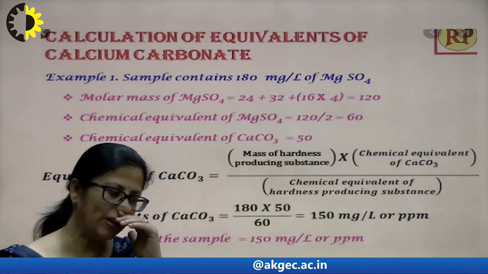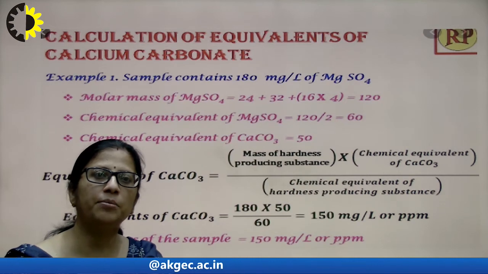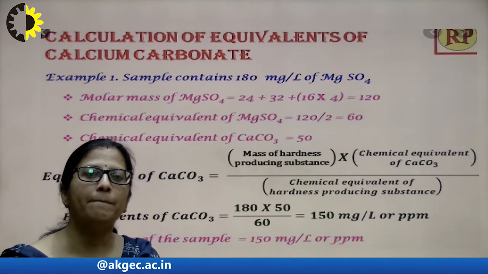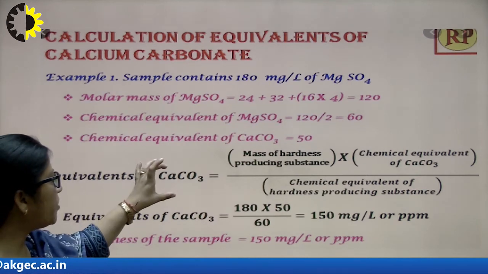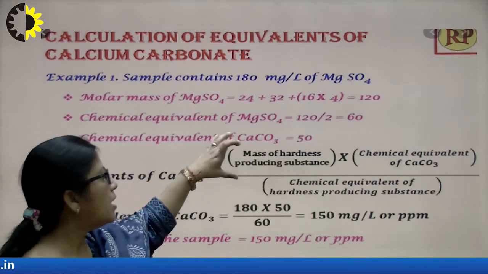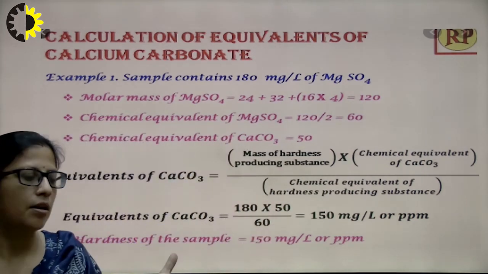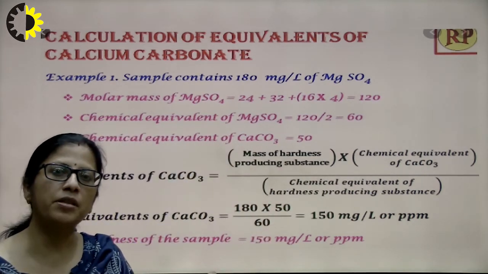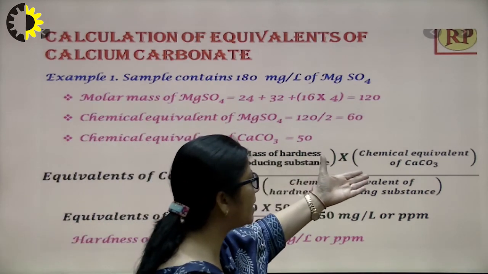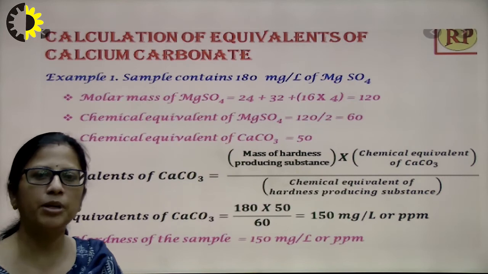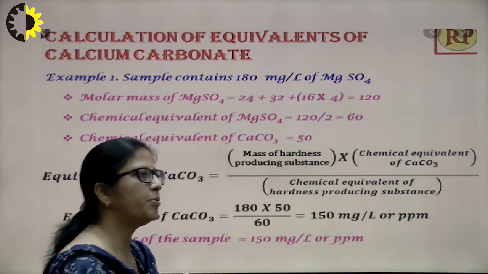And how do we do that? We convert the hardness into calcium carbonate equivalence by using the equation. The equivalence of calcium carbonate is equal to the mass of hardness producing substance, how much hardness producing substance is present per liter of water, multiplied by chemical equivalence of calcium carbonate divided by chemical equivalence of the hardness producing substance.